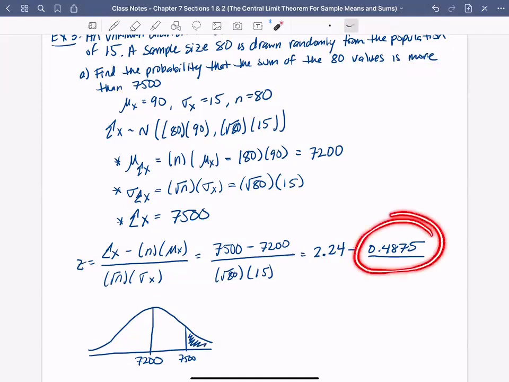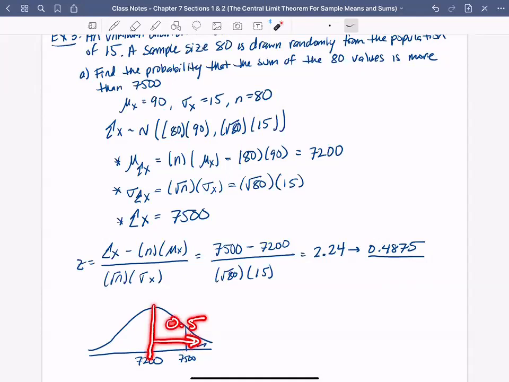But this 0.4875 gives us right here. That's what it actually gives us. We don't want that. We want this out here. But if this whole thing from here over is 0.50, we're going to take this 0.50 and subtract this, and it'll leave us with that.